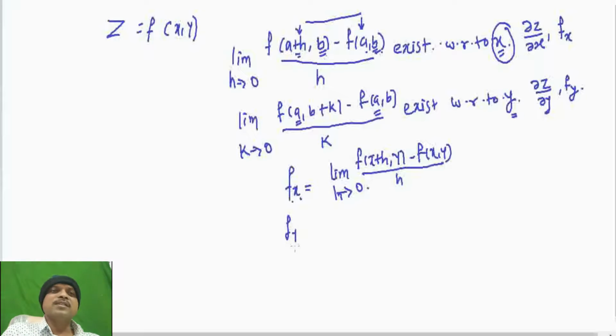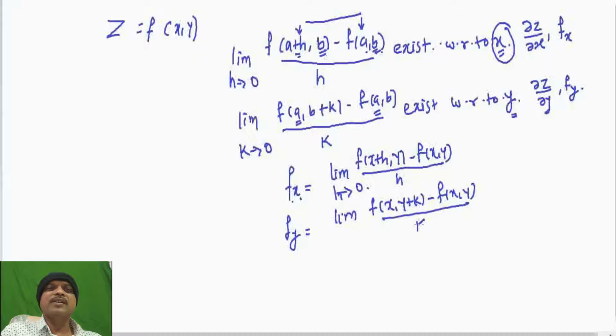Similarly, f suffix y, the partial derivative with respect to y, is equal to the limit of f of x comma y plus k minus f of x comma y divided by k, where k tends to 0. So this is the definition of the derivatives.